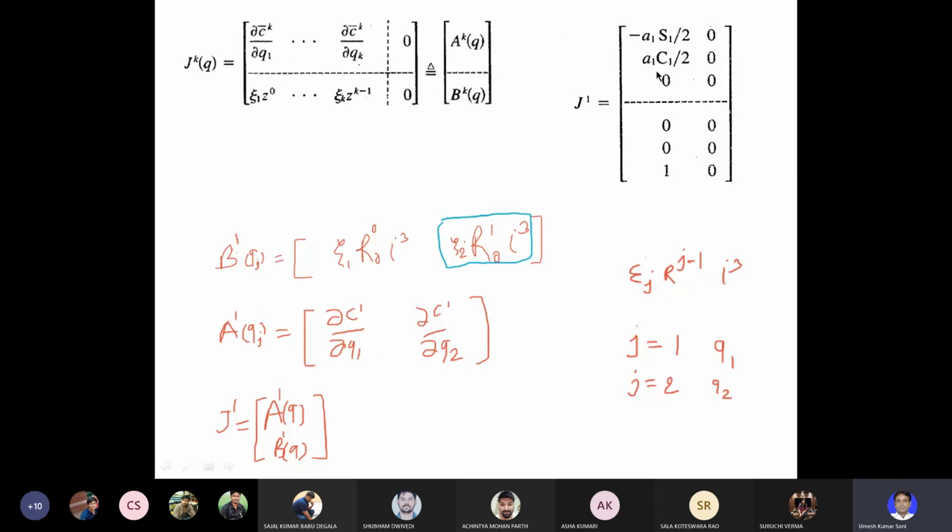So when you take the derivative with theta1, you will get this vector, and when you take the derivative with respect to theta2, you will get this vector.